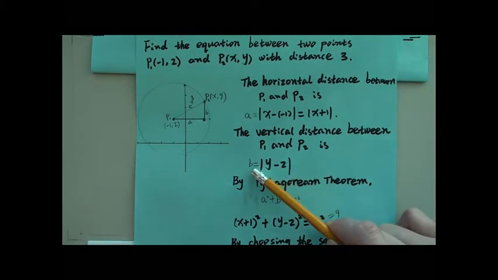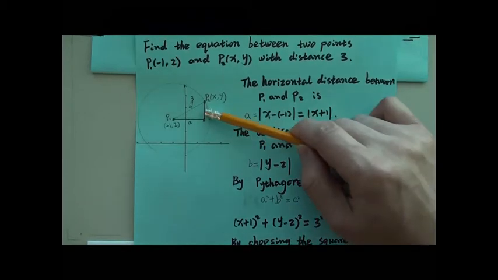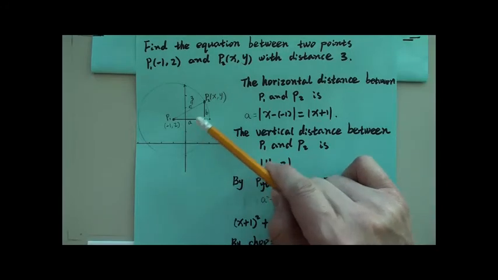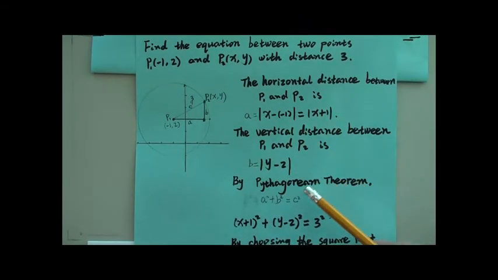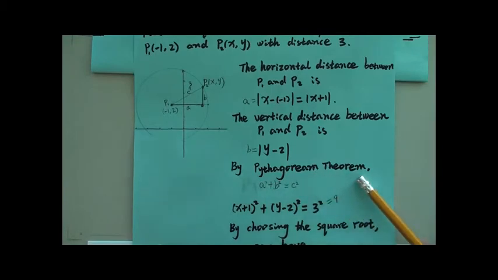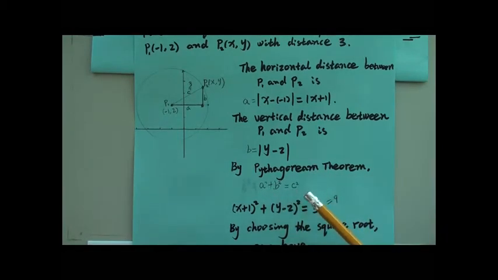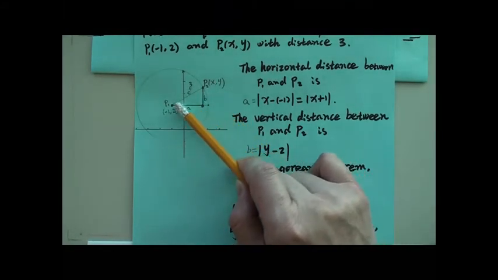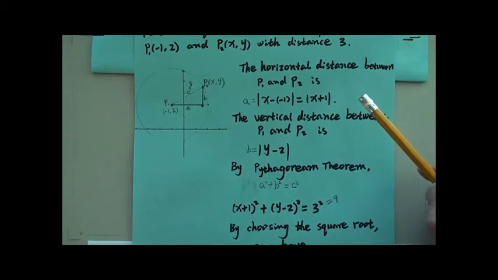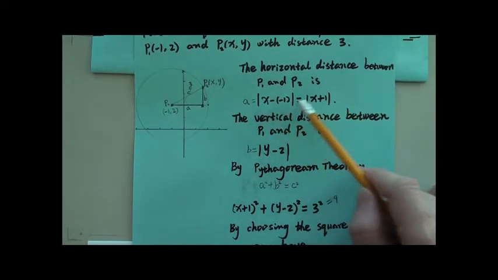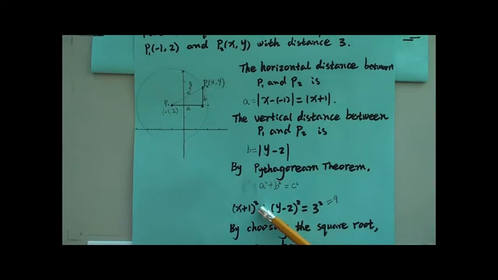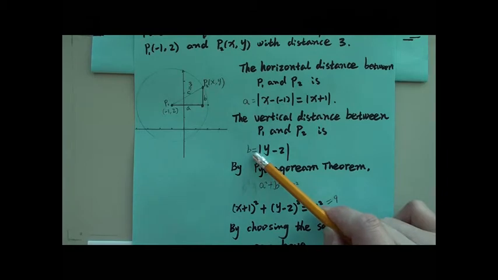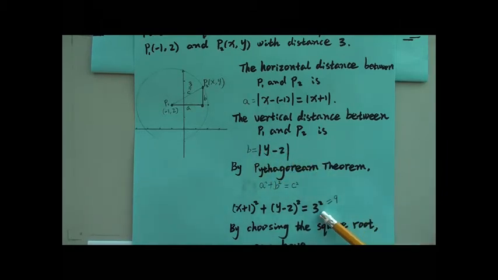Choose the absolute value, that is B. We know by the Pythagorean theorem, A squared plus B squared is C squared. The two legs squared separately give the hypotenuse squared. Now this leg is x plus 1 squared, and B is y minus 2 squared, and that equals C squared.